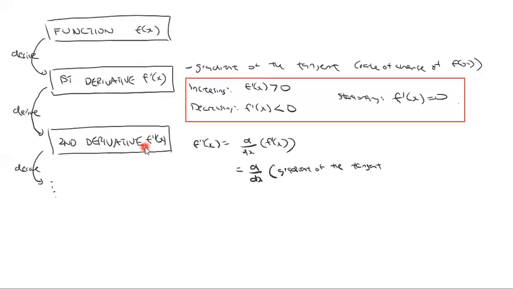Yeah, you could, except we haven't drawn out the first derivative. And I'm more interested in trying to work out what the relationship is to the function. So you're not wrong. You're right. But I'm ultimately trying to get to this relationship. So it is the derivative of the gradient of the tangent to f(x).